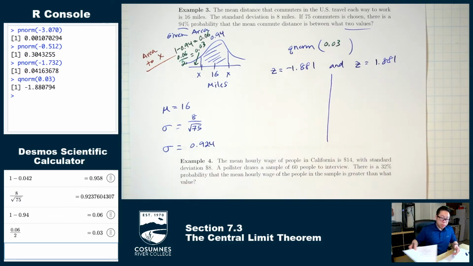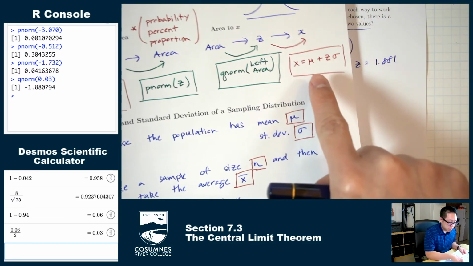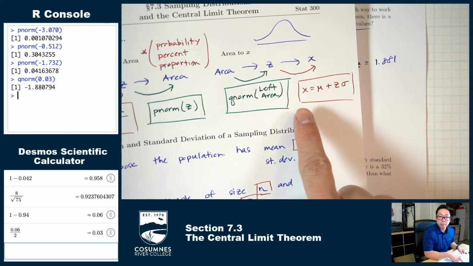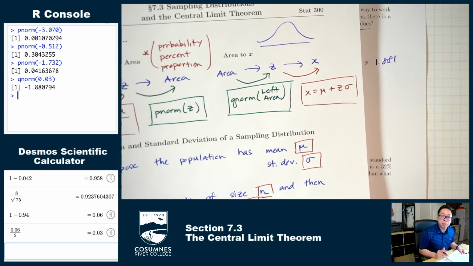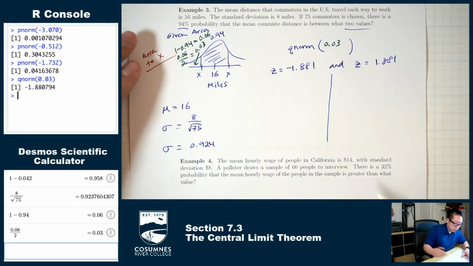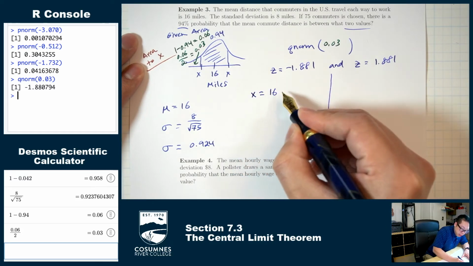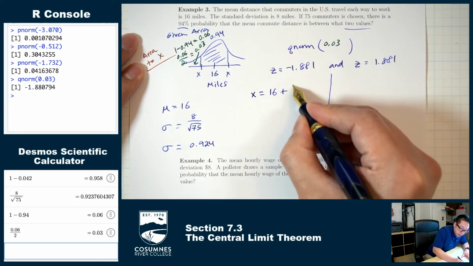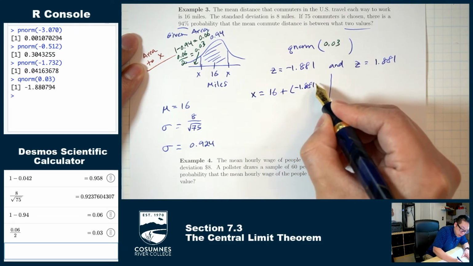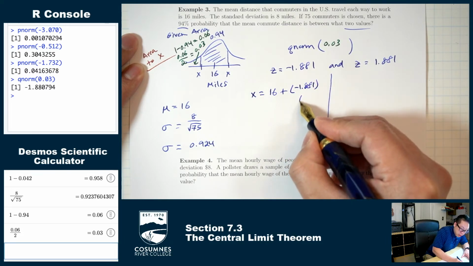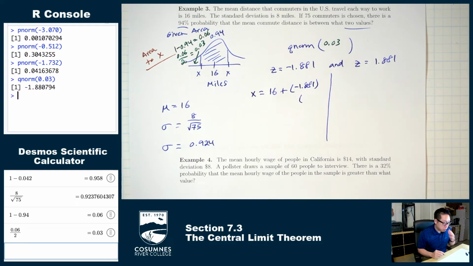Now that I have my 2 z's, to go from z to x, use this formula for x. So x equals the mean plus z times the standard deviation. The mean was 16 plus z, negative 1.881, times the standard deviation. And standard deviation, remember, we're not going to be using the 8.